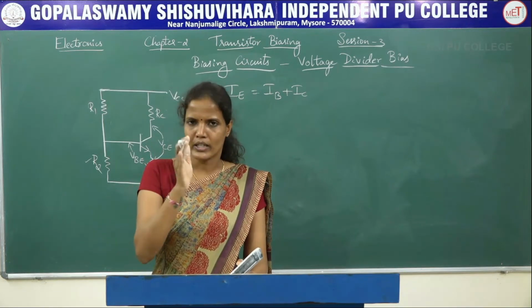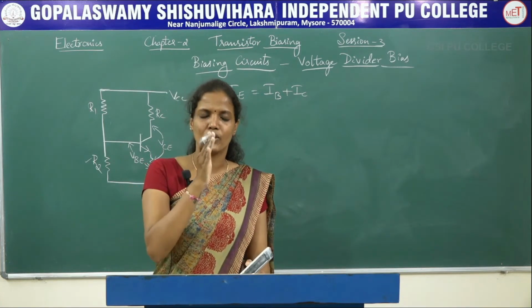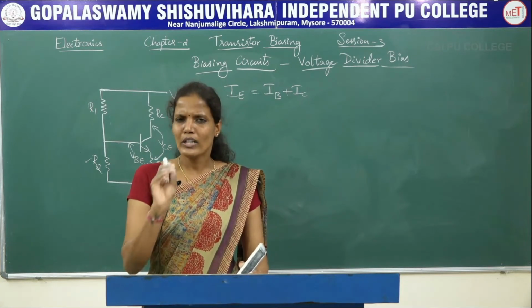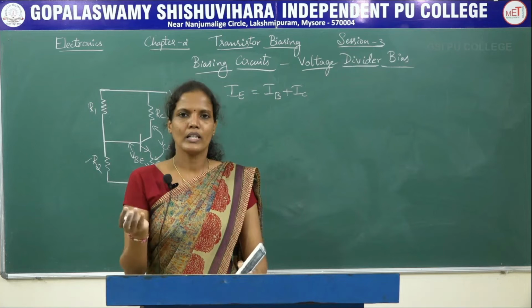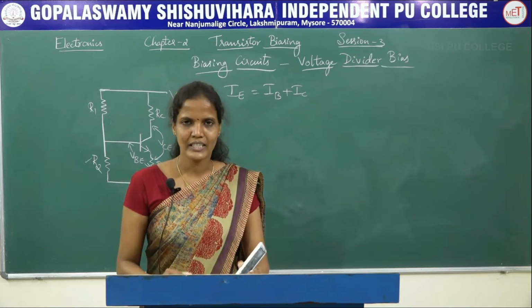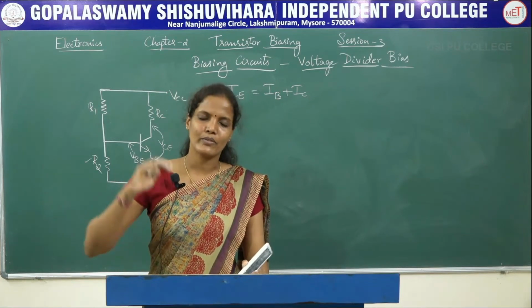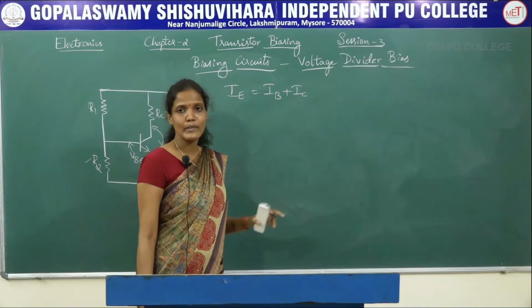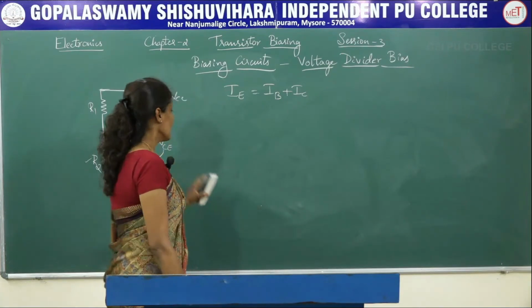The electrons try to cross the junction and reach the base terminal. Since the base is lightly doped, only a few electrons will be occupied by the holes. Recombination takes place and the remaining electrons will reach the collector terminal. So IE is equal to IB plus IC.